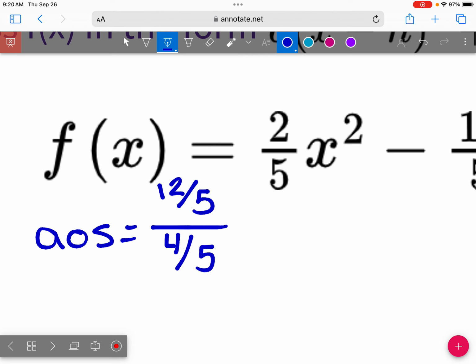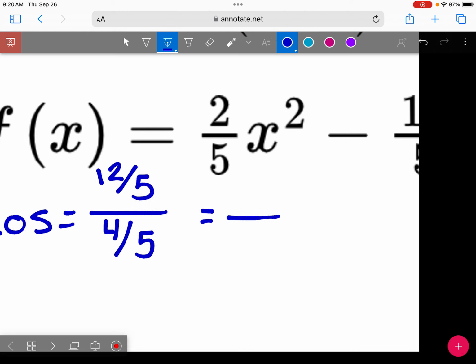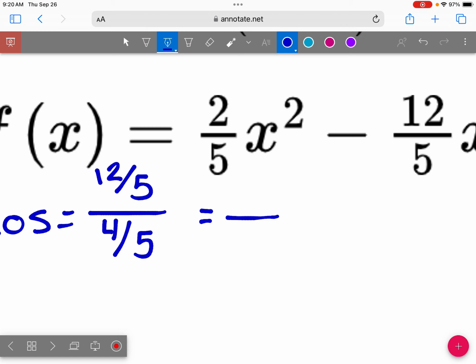Now can we simplify this to make it less awful? Yeah. What is this going to simplify to be? Okay, when in doubt, dividing a fraction by a fraction, multiply by your reciprocal. 12/5 times 5/4.